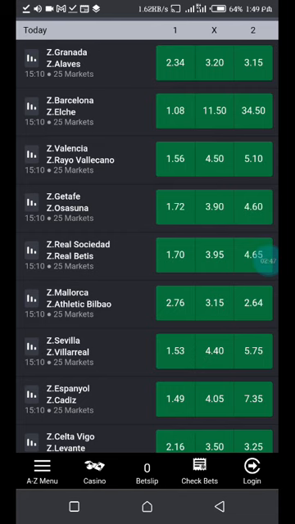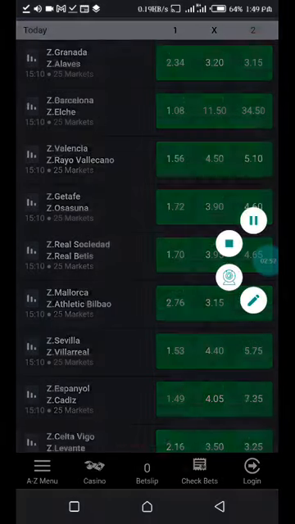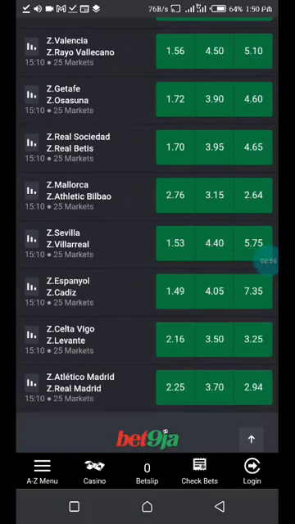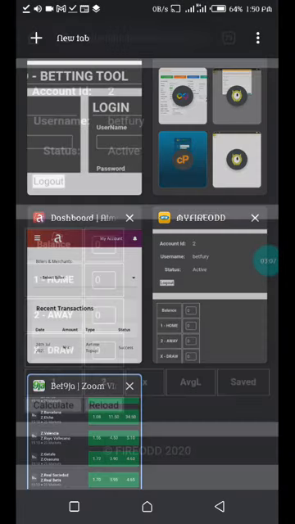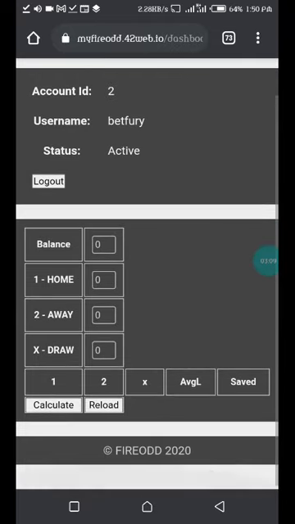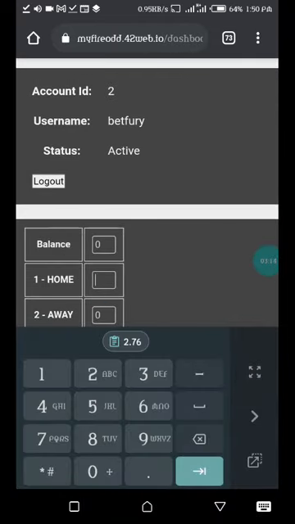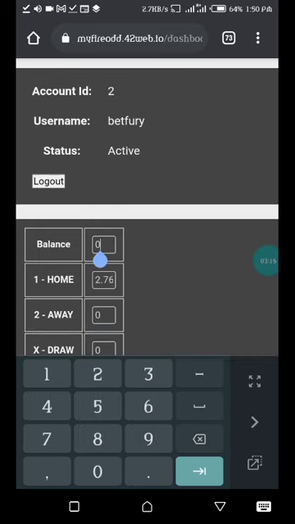So now let's say we're going to be playing this Moloka, sorry, Moloka. All you need to do is copy the odds. If you can remember, the odds is 2.76, so I just go back to my FireOdd calculator. As you can see, I'm logged in, and I'm going to clear this and paste this odd right there.